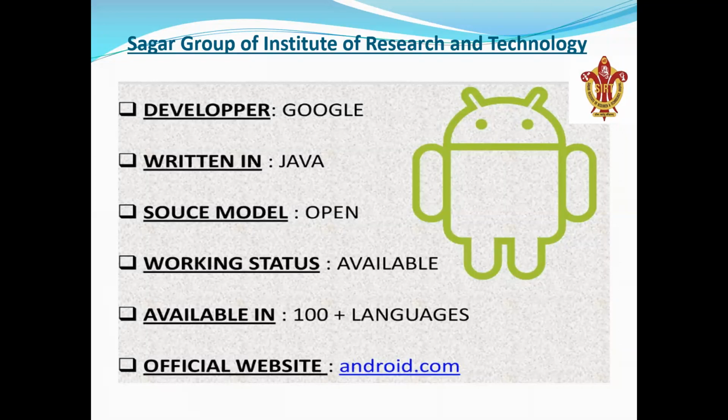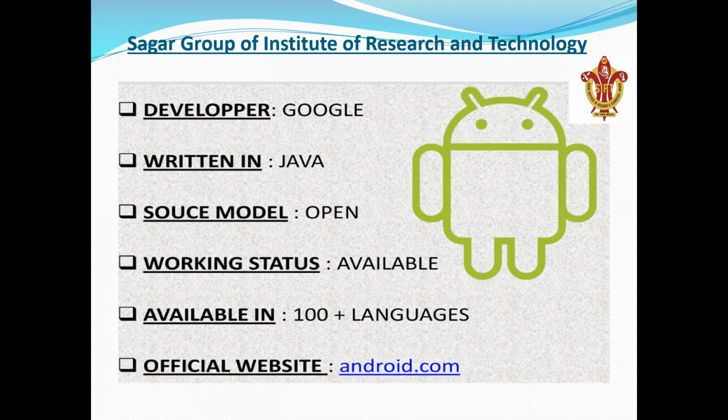The working status is available. Although this is open source, it is available for all users, and its source code is also available for users, right? It is available in 100 plus languages. It means it can support more than 100 languages.